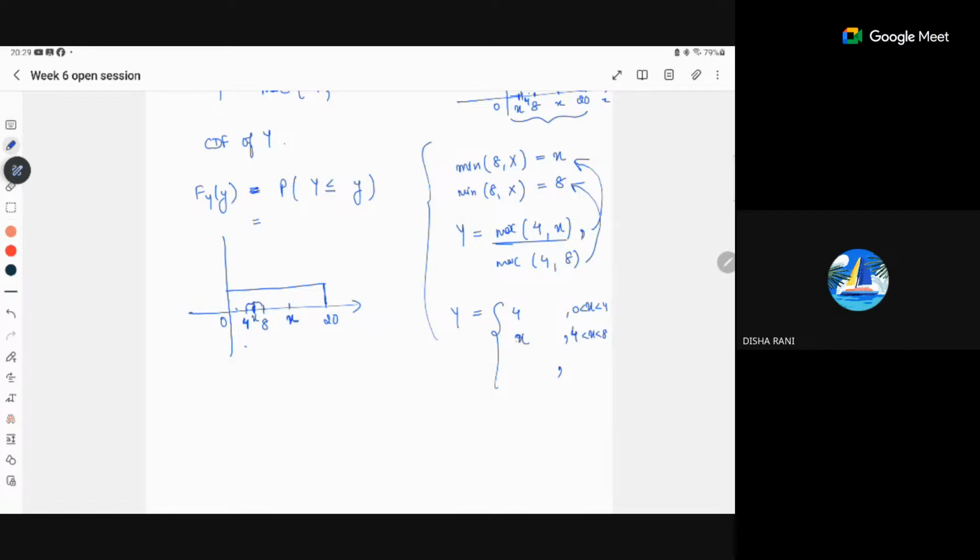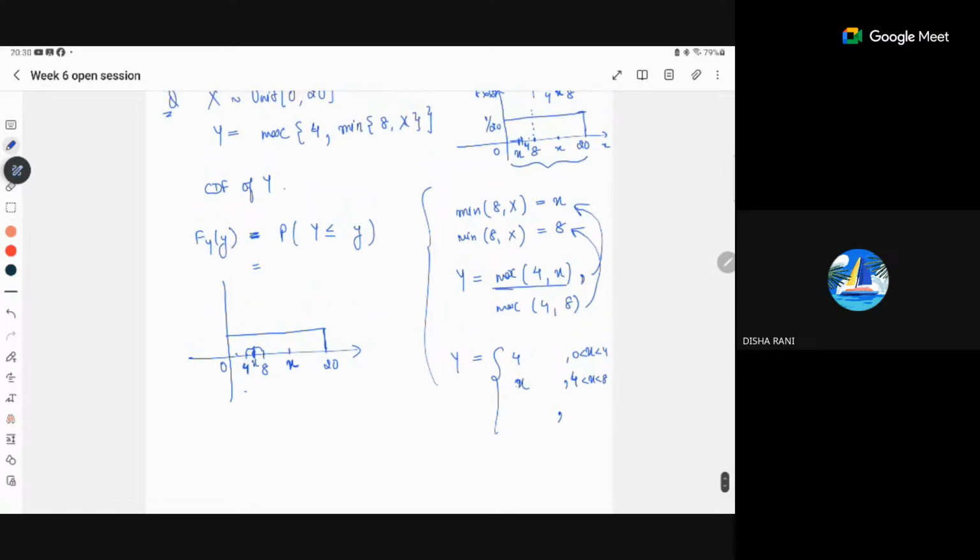If x is greater than or equal to 8, then the value is 8.